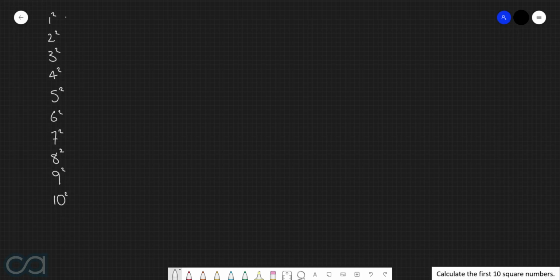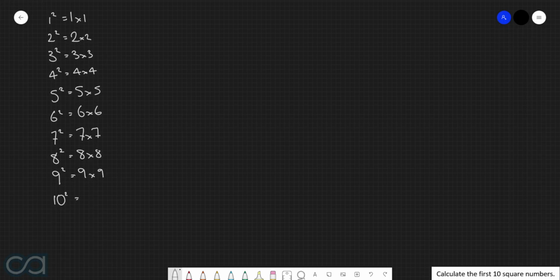So for example, 1 squared is equal to 1 multiplied by 1, 2 squared is 2 by 2, 3 squared is 3 by 3, 4 squared is 4 by 4, 5 squared is 5 by 5, 6 squared is 6 by 6, 7 squared is 7 by 7, 8 squared is 8 by 8, 9 squared is 9 by 9, and then 10 squared is 10 by 10.